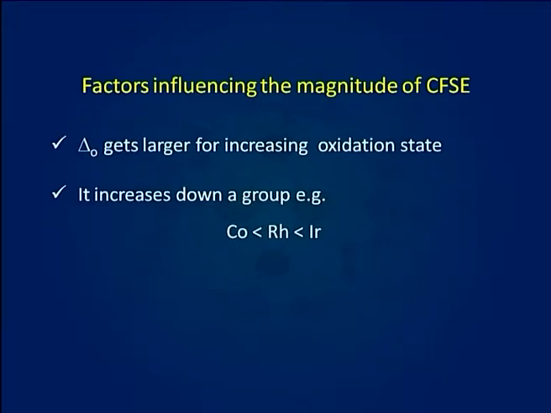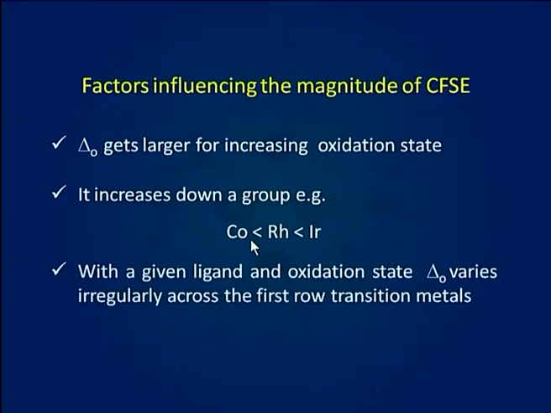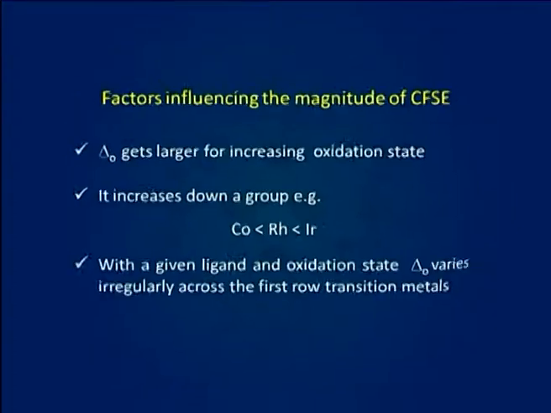Delta O gets larger for increasing oxidation state. It increases down the group. For example, for Ir, delta O is greater than Rh, and for Rh, delta O is greater than Co. With a given ligand and oxidation state, delta O varies irregularly across the first row transition metals.